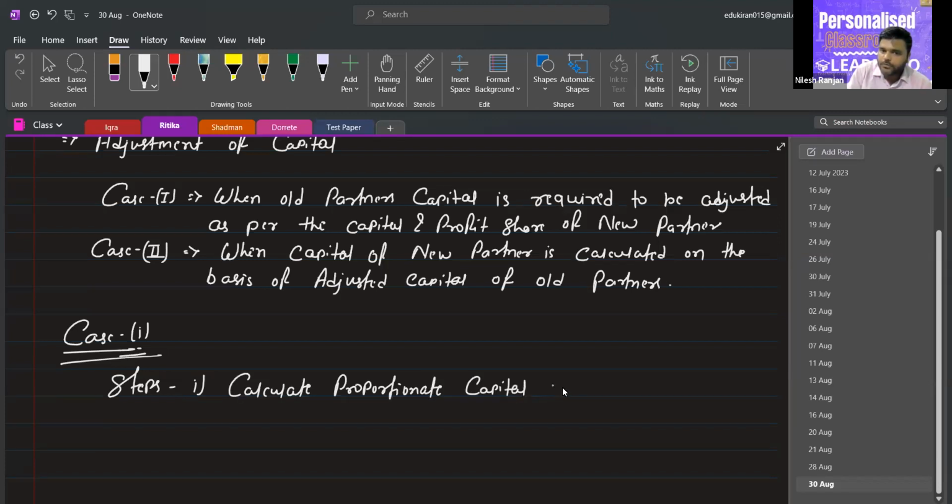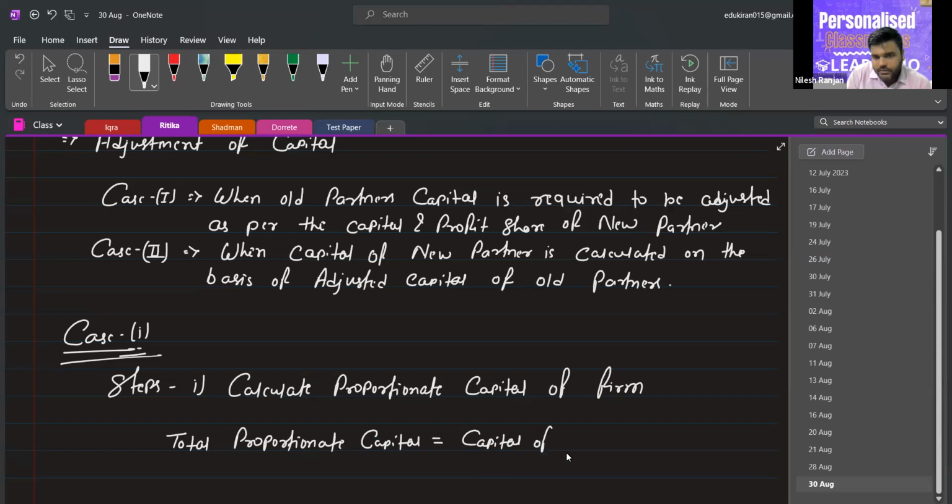Total proportionate capital equals the capital of the new partner multiplied by the reciprocal of his share.